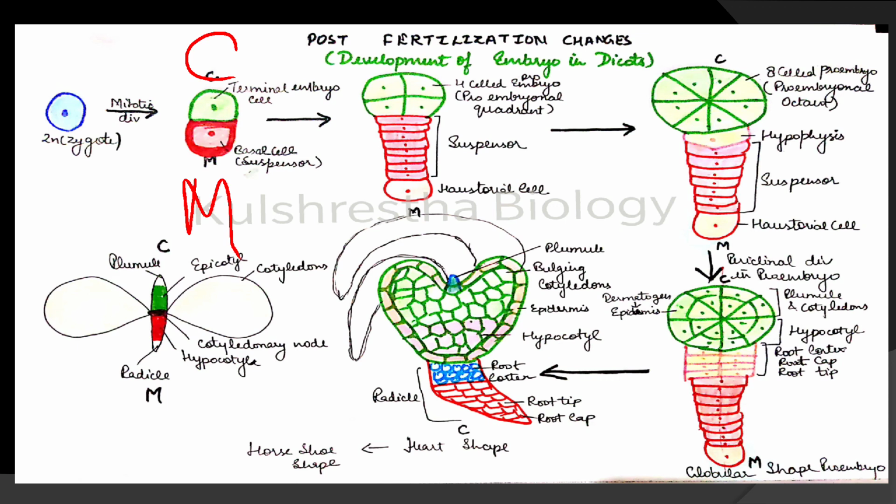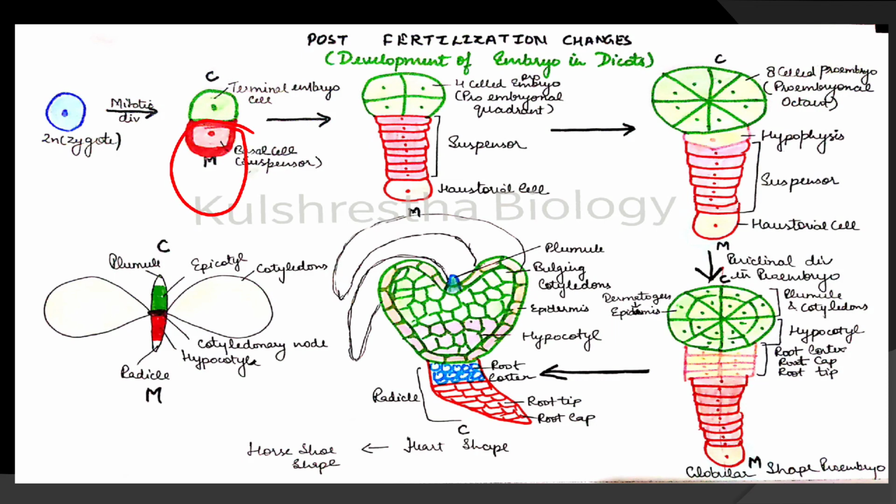Let's see. This is the zygote. Zygote increases in size. Now it divides mitotically. Transverse division is horizontal. A longitudinal division is vertical, whereas the zygote divides transversely to form two unequal cells.